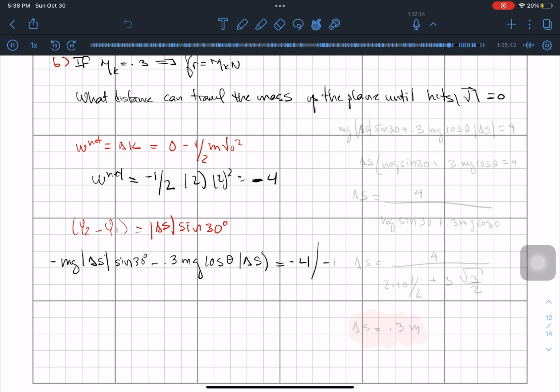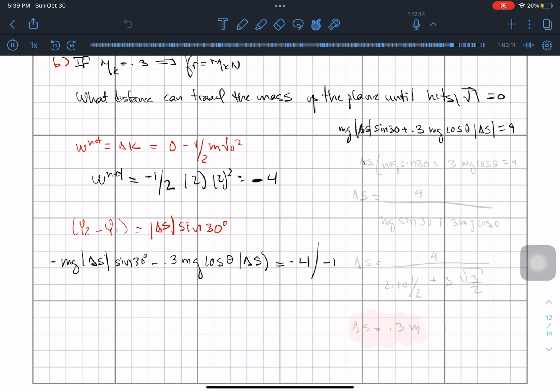Let's do this so it's easier for us to solve. This will be mg delta s sine 30 plus 0.3 mg cosine of the angle delta s equals 4.